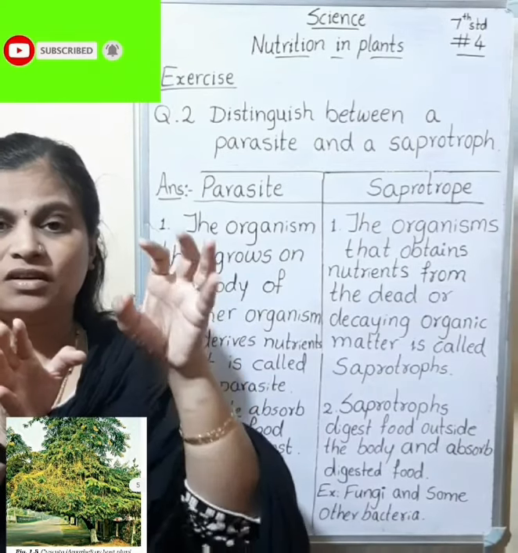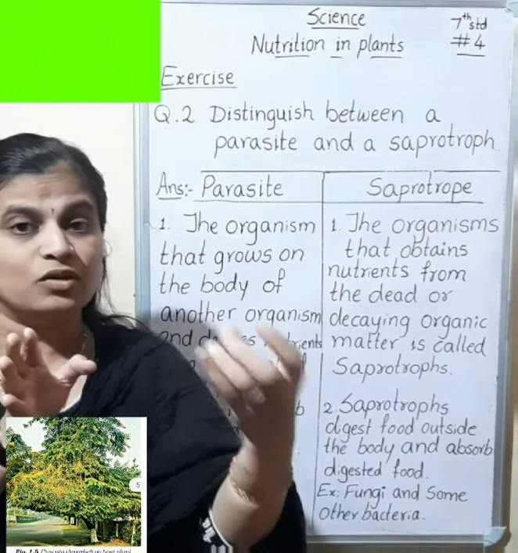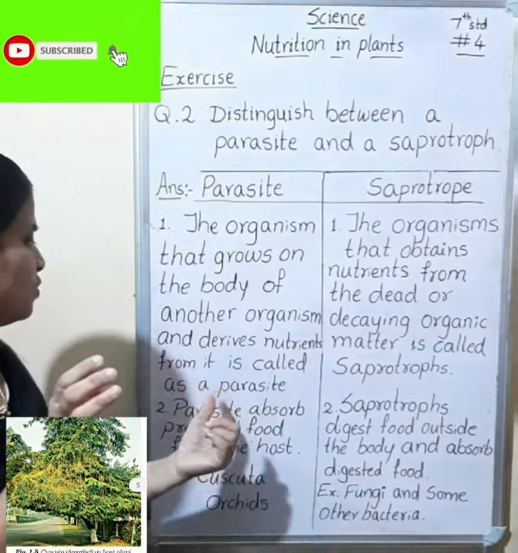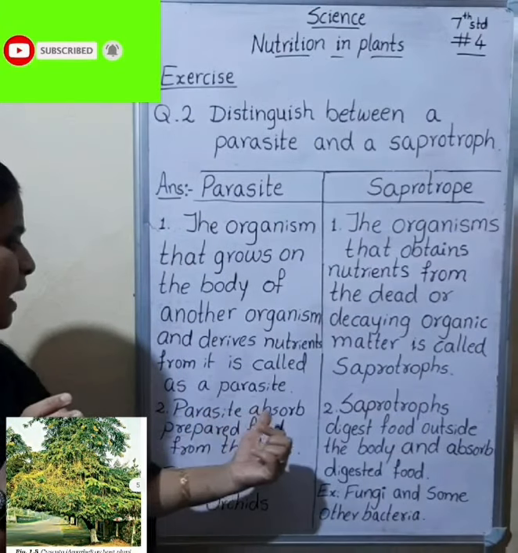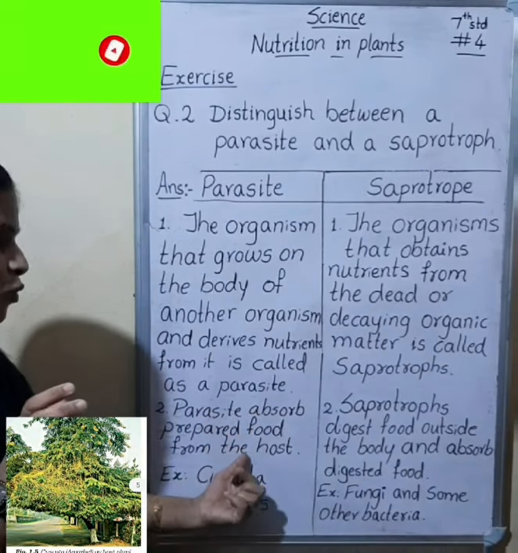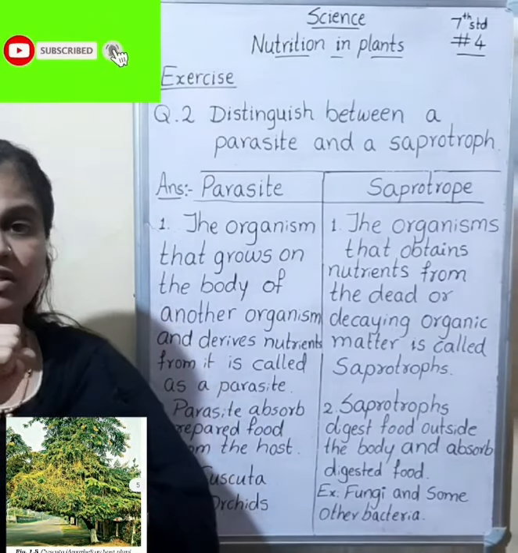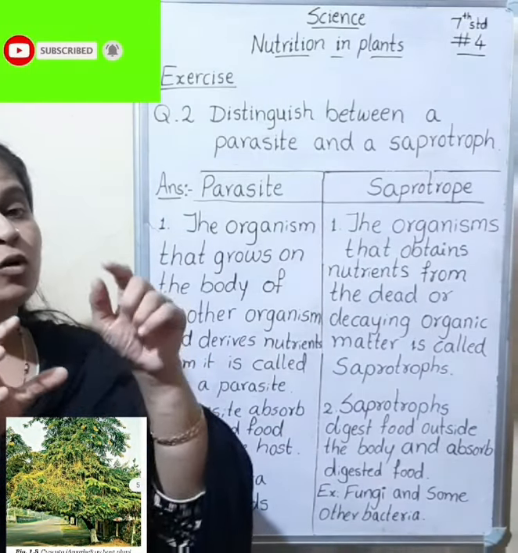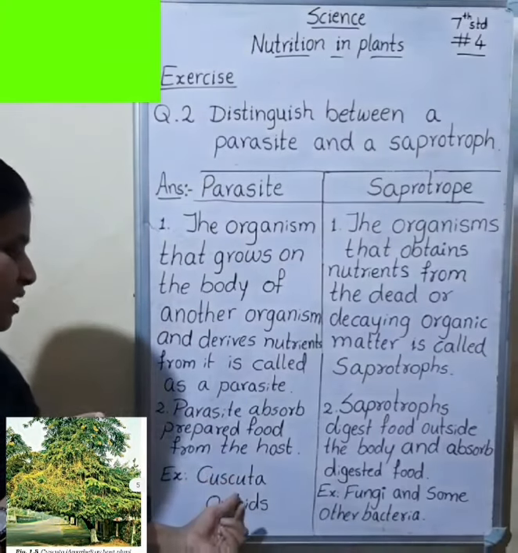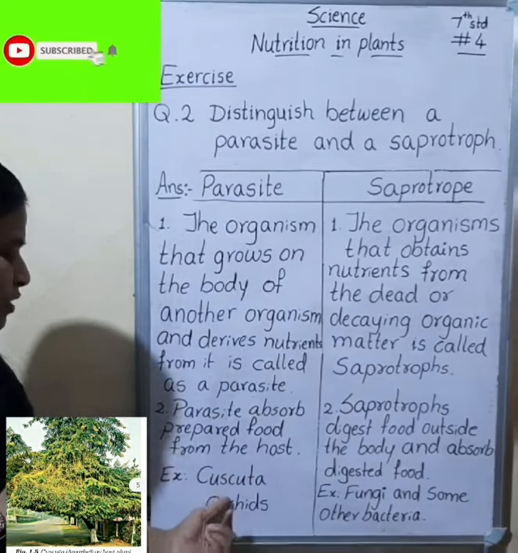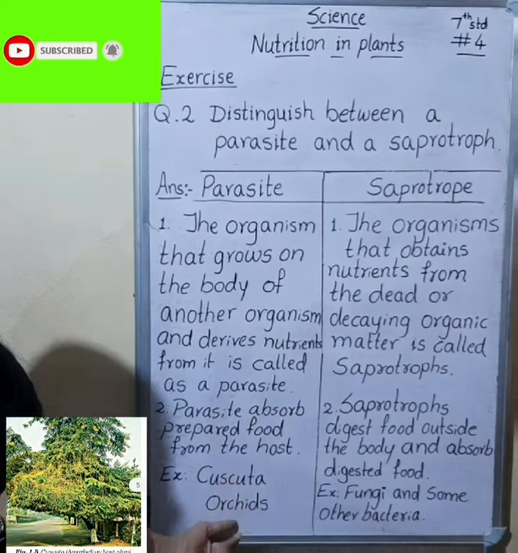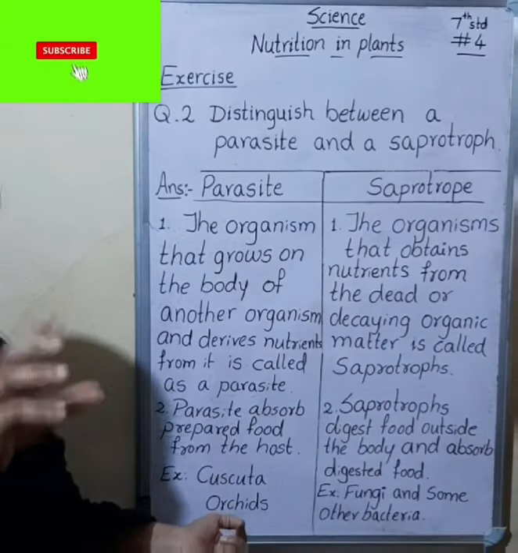So the host always provides the nutrients to the parasite. The second point: parasites absorb prepared food from the host. Yes, of course, parasites absorb the food which is prepared by the host. Examples are cuscuta and orchids, both are parasites. They depend completely on the host for their nutrients.